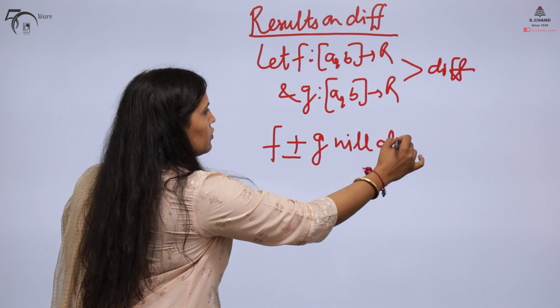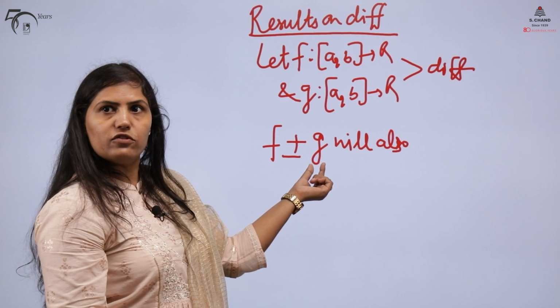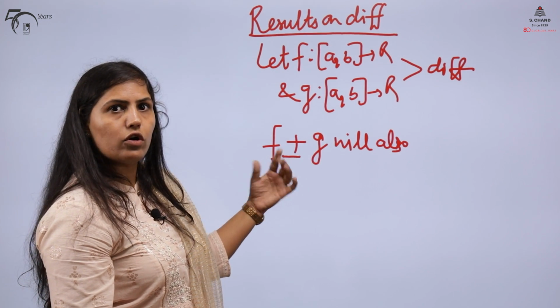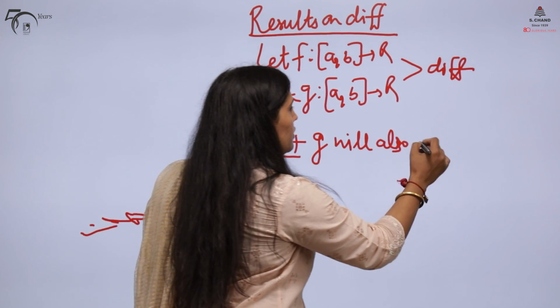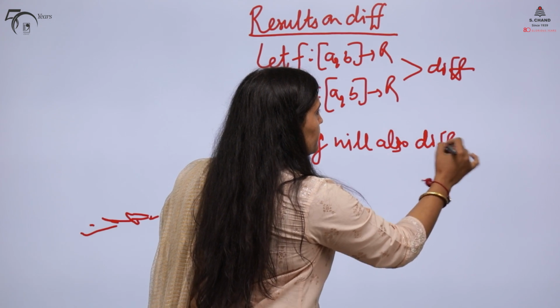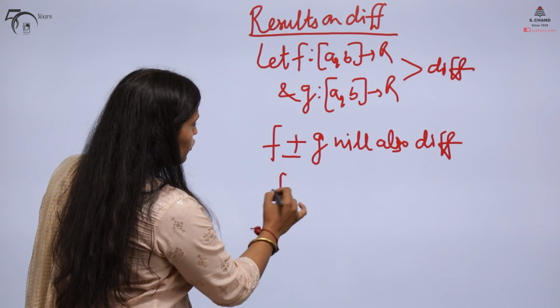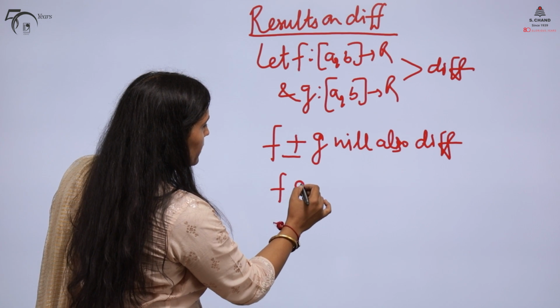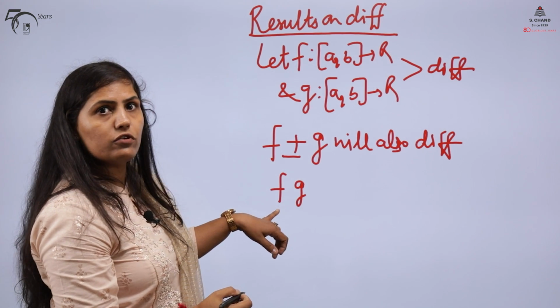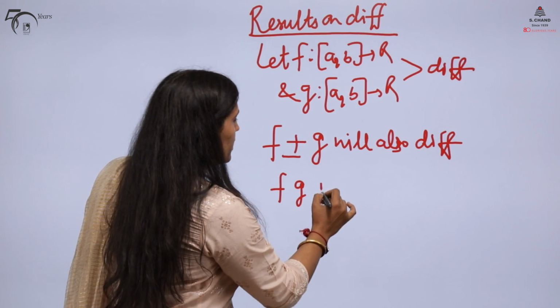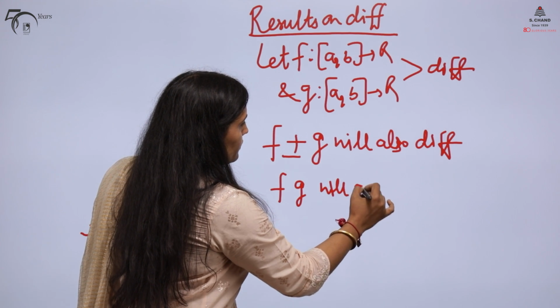This is very easy to check now. If you know f is differentiable and g is differentiable, then their sum and difference automatically will also be differentiable. Then again, if two functions are differentiable, their product, not composition, their product will also be differentiable.